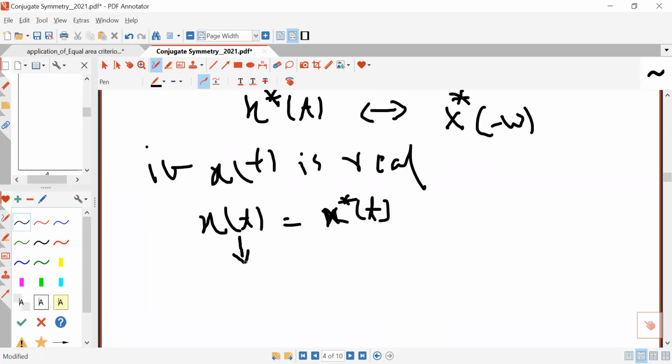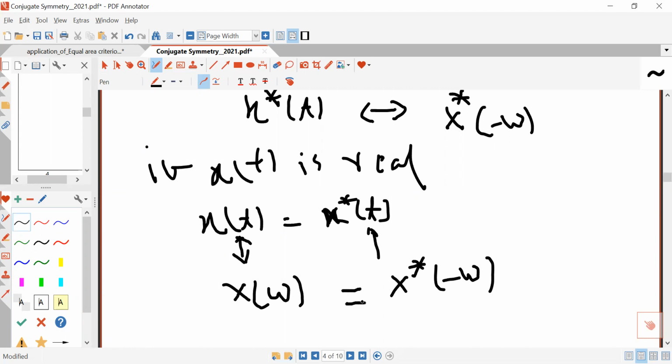Now, what will be the Fourier transform of x(t)? This is X(omega). And what will be the Fourier transform of x conjugate (t)? This will be X of minus omega conjugate, and these two will also be equal.